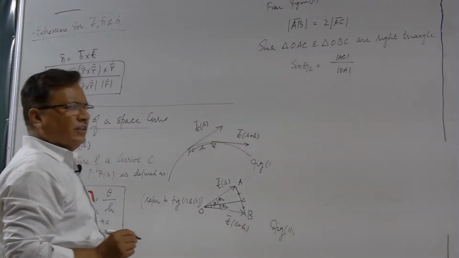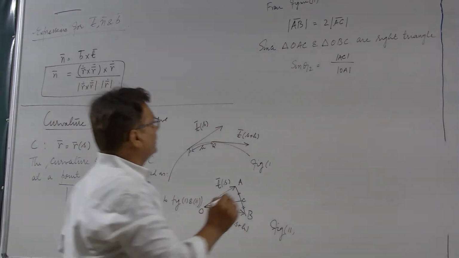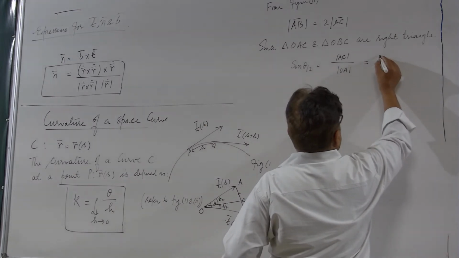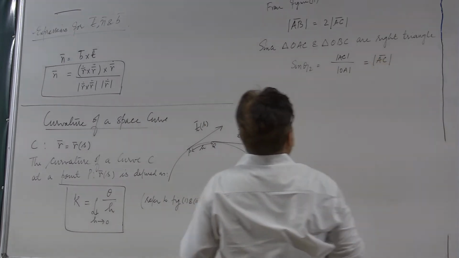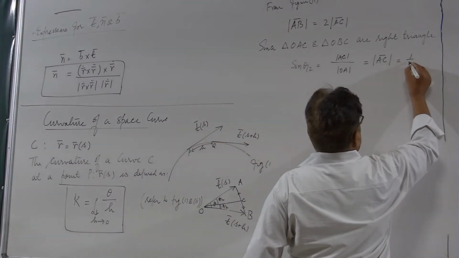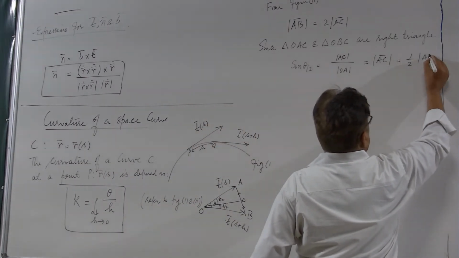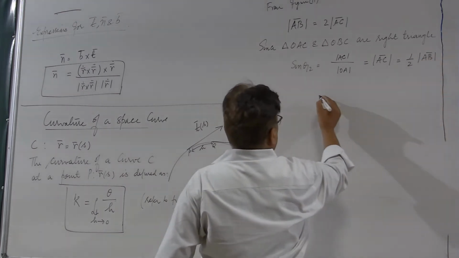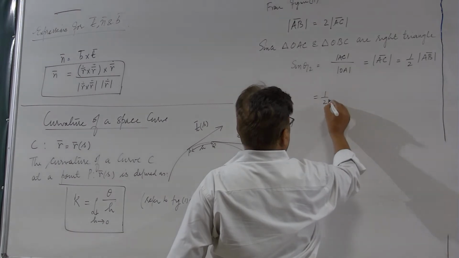OA is the length of the unit tangent, which is 1. So, it is just AC, and length AC is in fact half of length AB. Okay. So, this is equal to half AB.